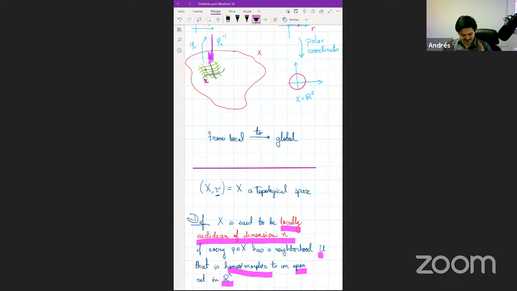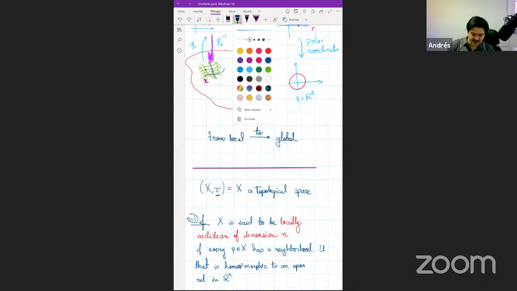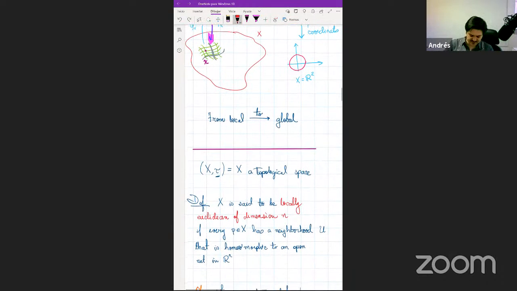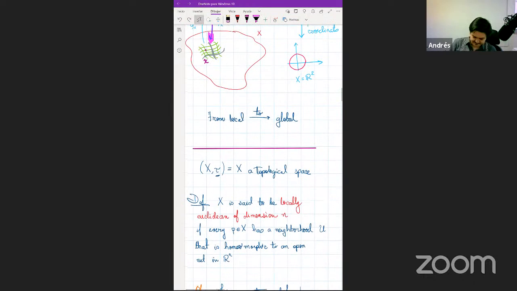This is just the precise definition of all of the things that I have defined before. Right? So this is what before I was calling Ux and phi x.